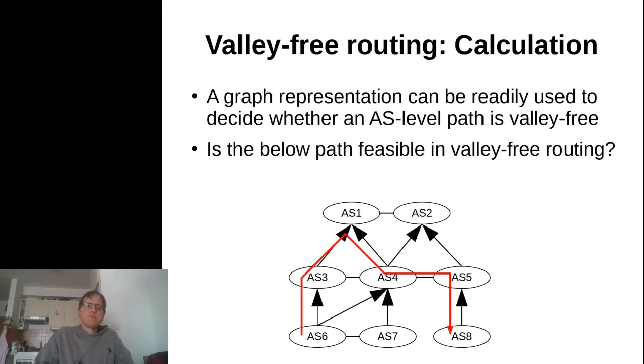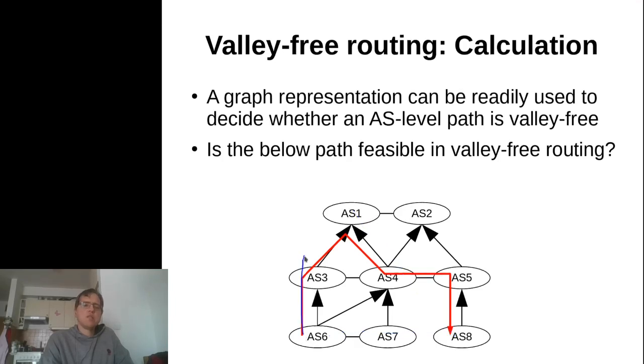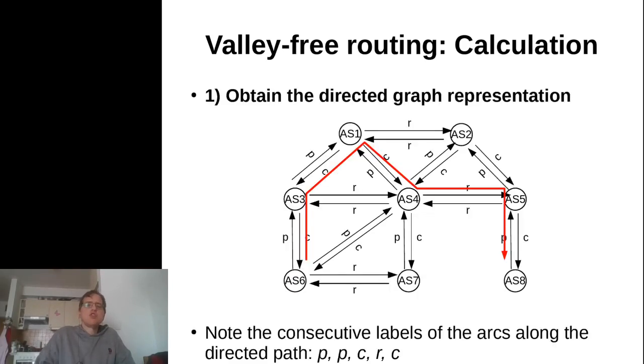Now, once we have this graph representation, it will be very useful for us to decide on value-free paths. In order to understand how, let's just look at a concrete example. So we ask first whether the path from AS6 to AS8 that is marked by this blue arrow is feasible or a forbidden path. We are going to use the directed graph representation to decide this question.